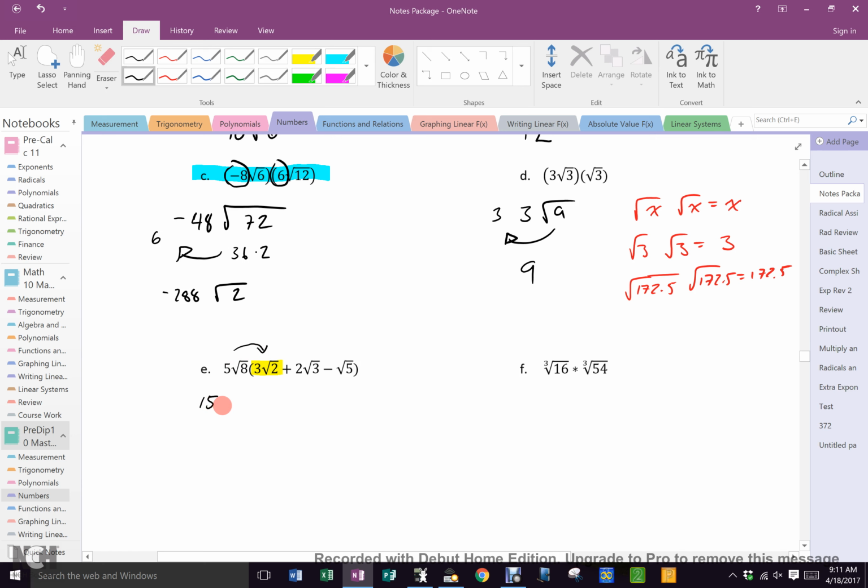What is this first term going to be? 15 root 16. Excellent. What do you think the second term is going to be? Root 24. Excellent. And the third term?